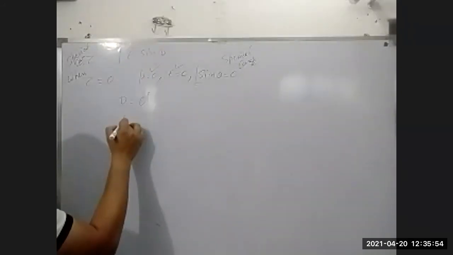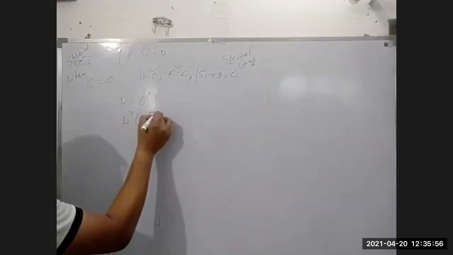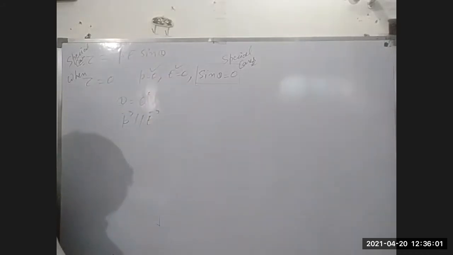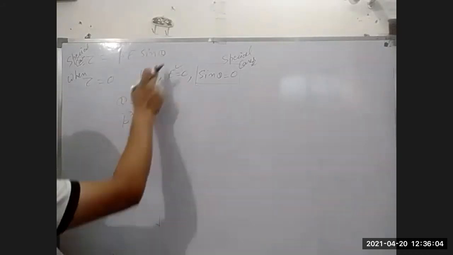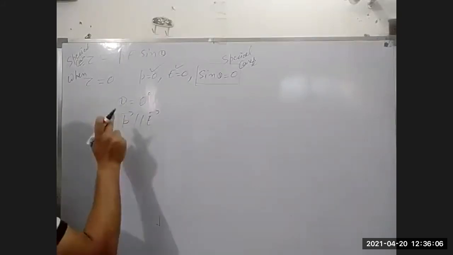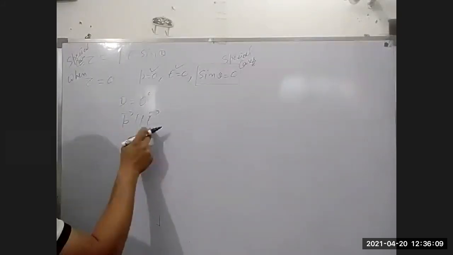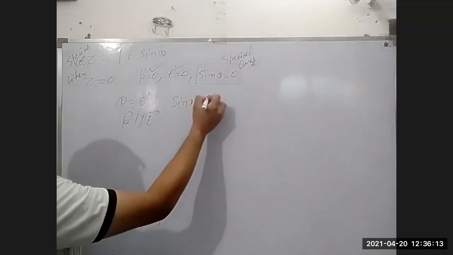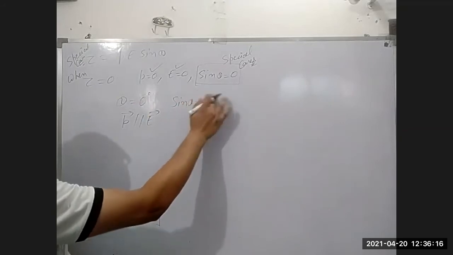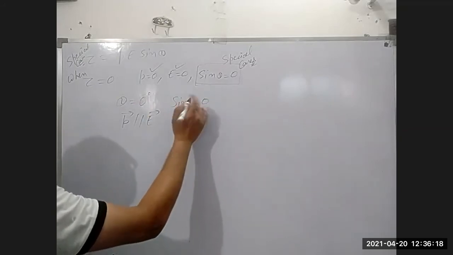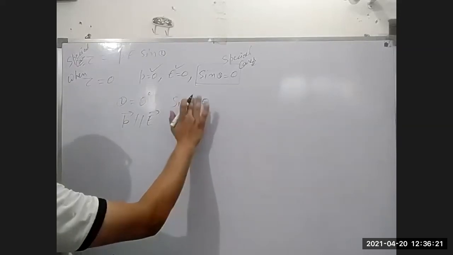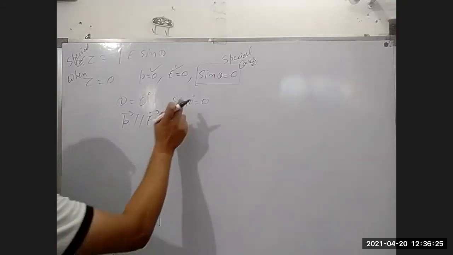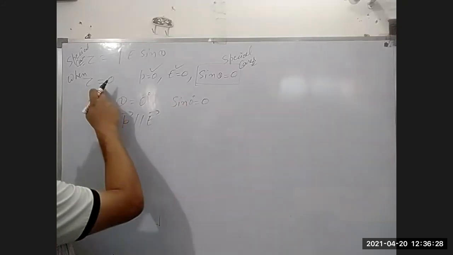When the dipole moment and electric field are parallel, because theta is the angle between P and E. If they are parallel, then theta becomes 0 and the value of sin theta becomes 0, because sin 0 degree is 0. So torque is 0 in this case.